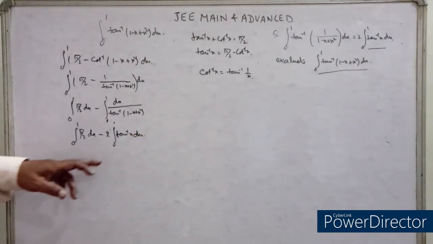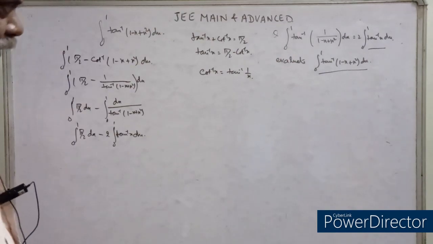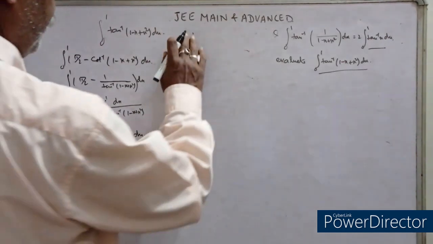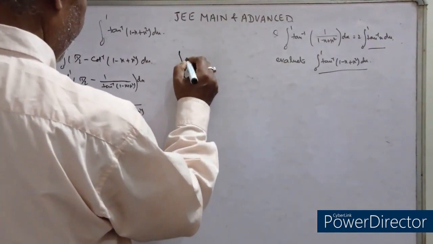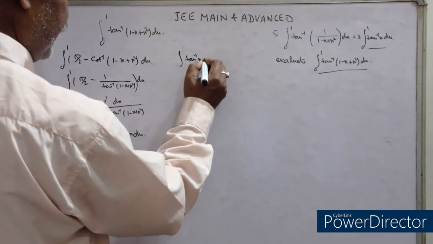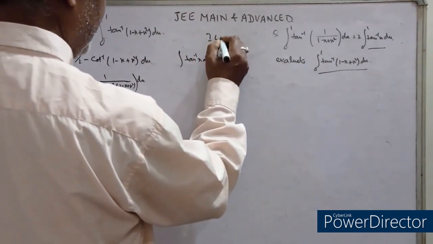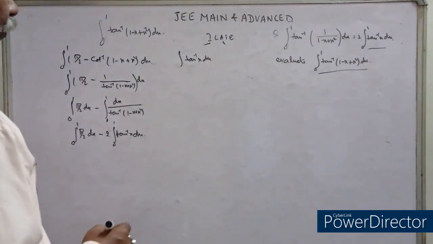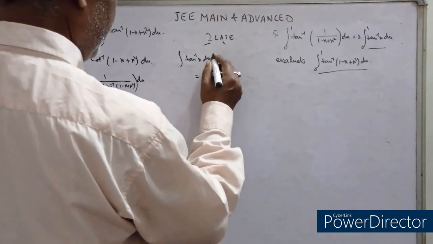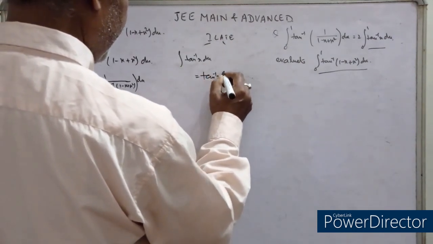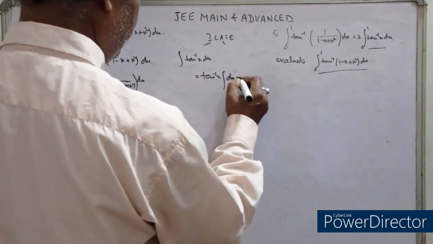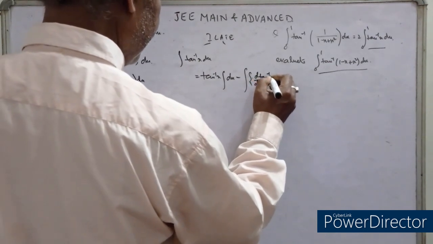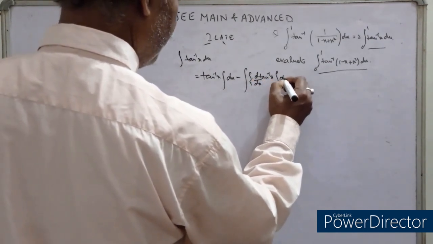Now I am going to apply the ILATE rule, integration by parts. Let me do it separately. Here this is integral of tan inverse x dx. In ILATE, the inverse comes first and this is algebra. So this will be equal to tan inverse x times integral of dx, minus integral of the differentiation of tan inverse x times the integration of dx.